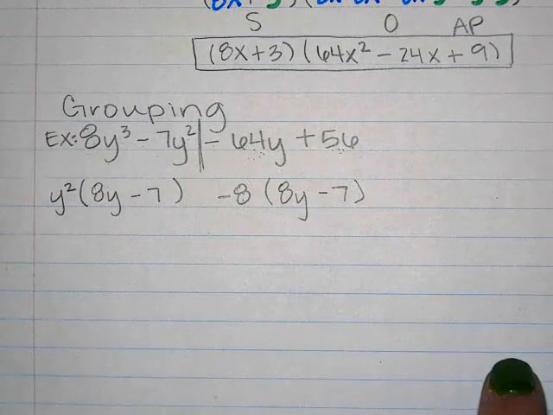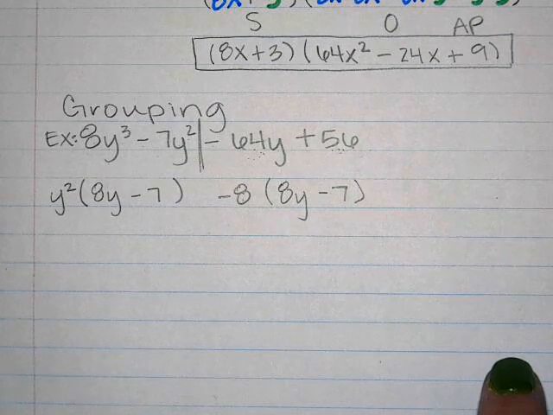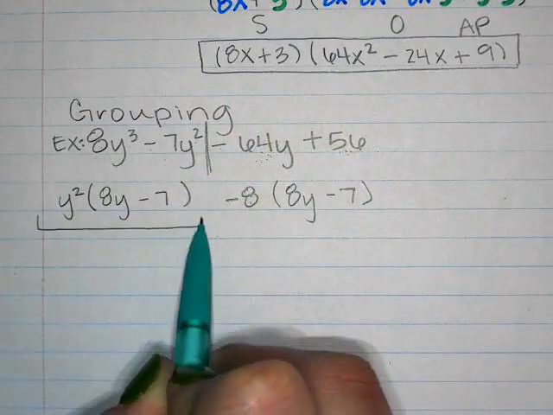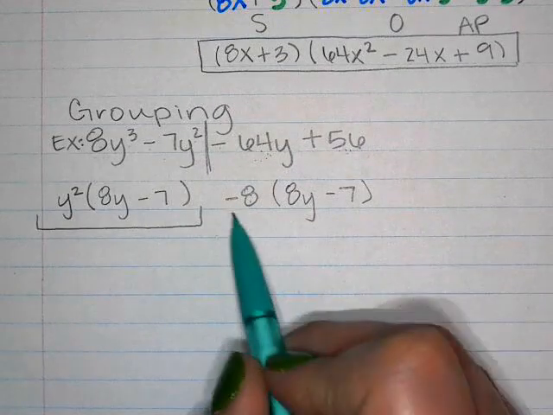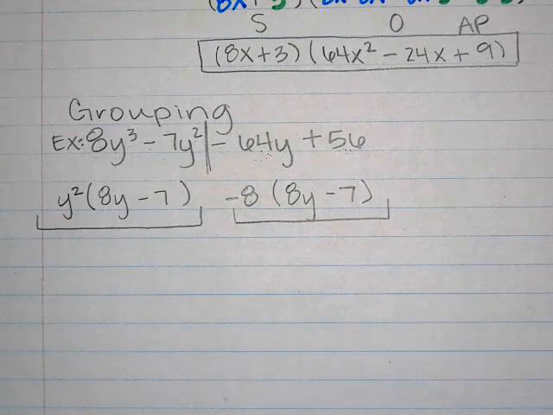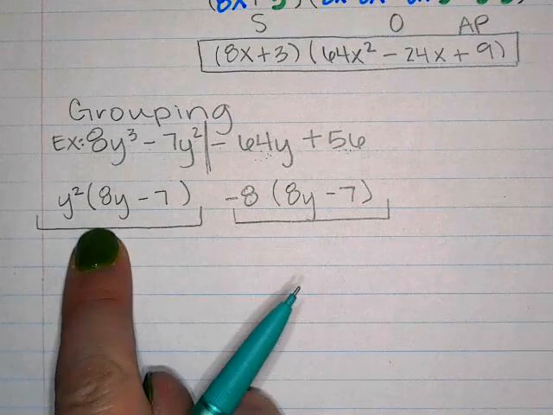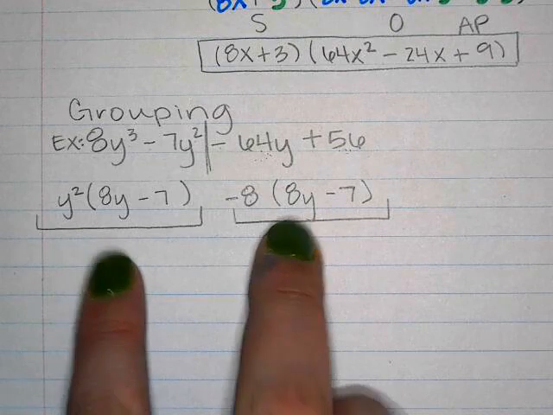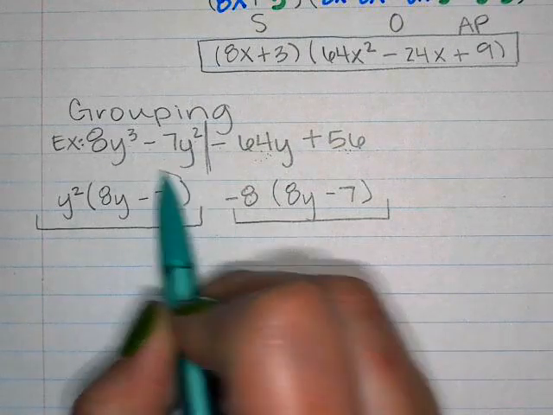So the next step is actually to take out the GCF again. And this is the part that feels a little weird because your GCF is actually going to be the parentheses. So what you're going to say is this is one term, this is the second term, and between these two terms, this whole thing and this whole thing are in common.